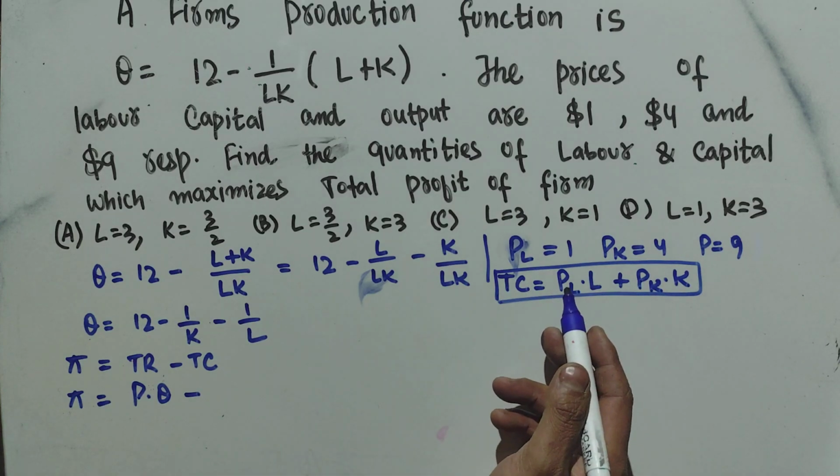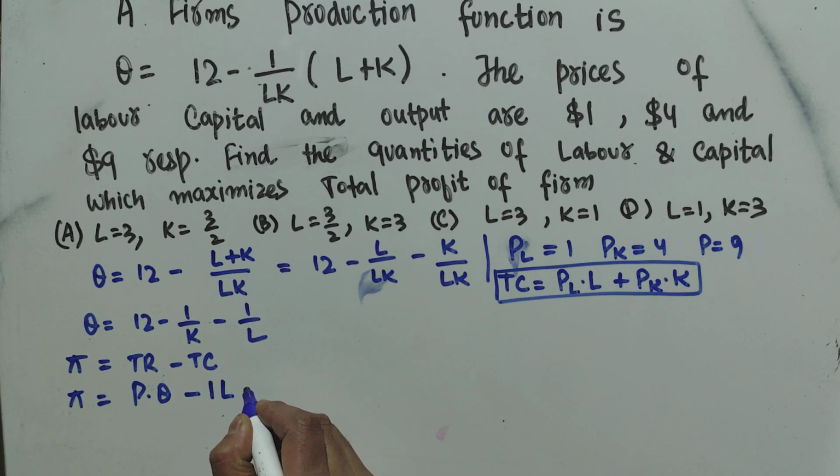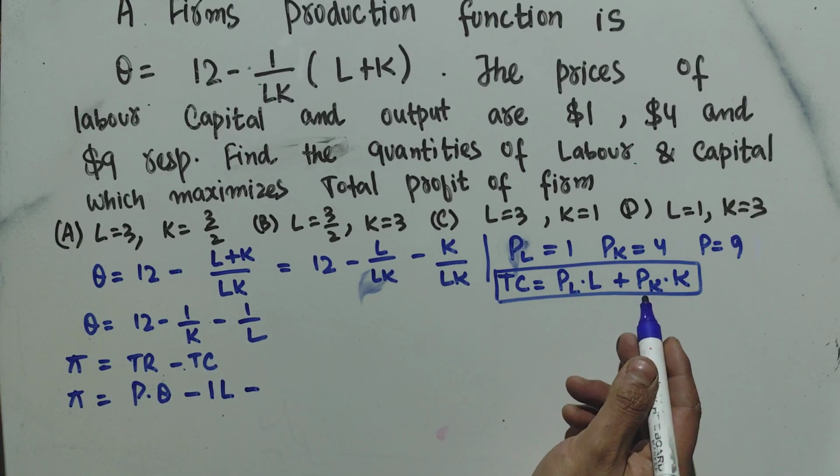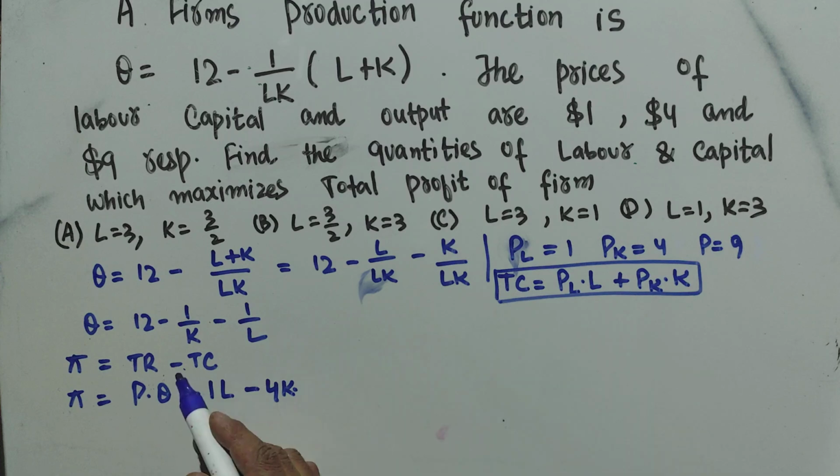So price of labor is 1, so we write here 1 times L. Since we have to subtract, it will become minus price of capital, which is 4, so we write 4K. Because when we subtract, these terms will become negatives.